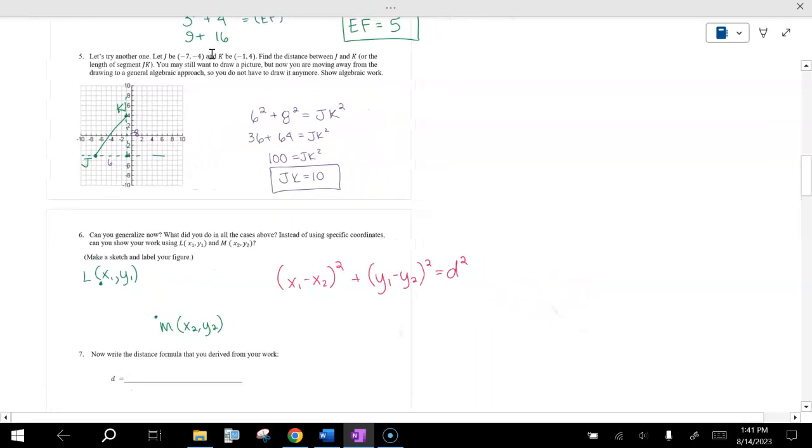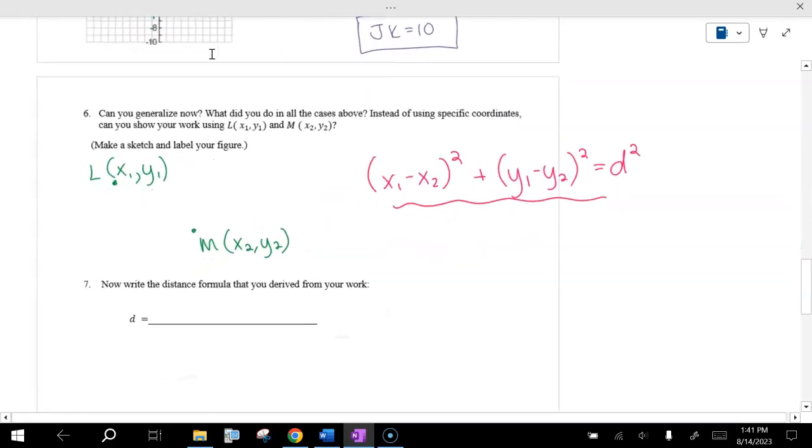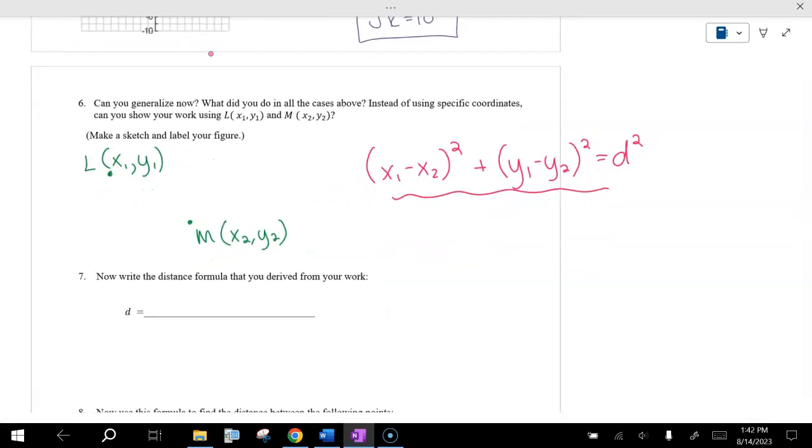And so this has helped us come up with the distance formula. Many times, instead of seeing it this way, we'll see it solved for just d, which stands for your distance: d equals the square root of (x1 minus x2) squared plus (y1 minus y2) squared.